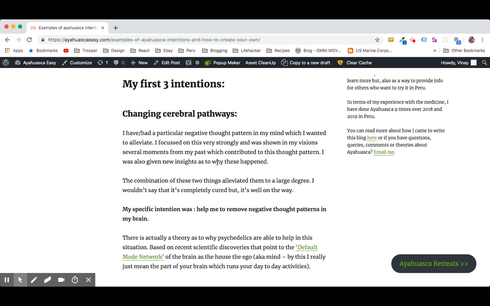More or less, in ceremony I was shown visions which helped me reframe some of the incidents which caused me to have negative thought patterns. I'll link to some of the articles and trip reports that I wrote, which give a lot more detail if you want to read about exactly how that happened.